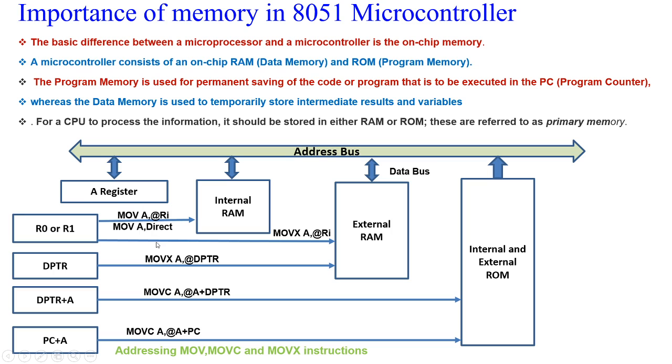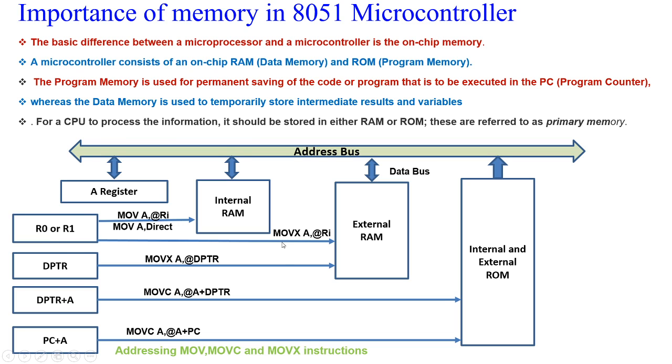And these are the instructions used to access internal memory: MOV A, @Ri, where Ri means R0 or R1. Indirectly this register gives the address of internal memory whose content is moved into the accumulator, or we may use direct access also. Then to access external random access memory, which is again 64K.